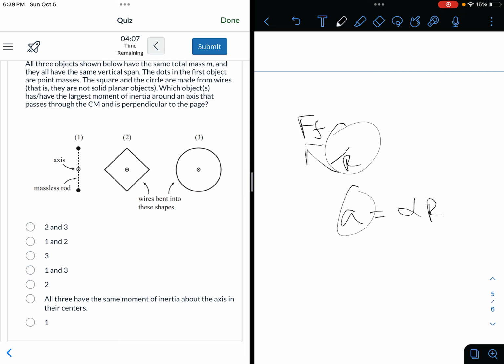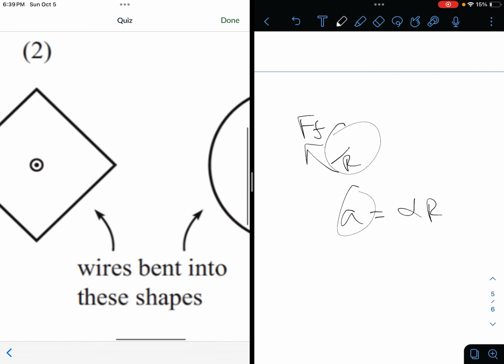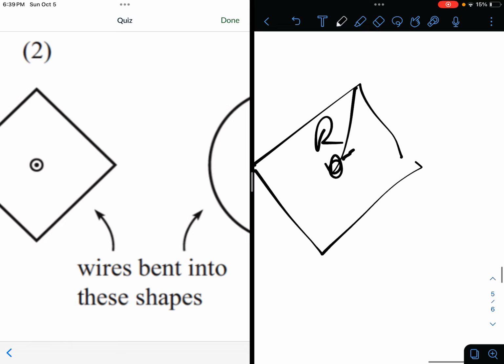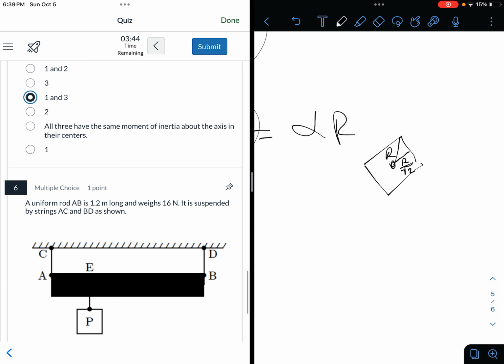But I think in the case of a square, if these are the same two distances, then some of this mass is getting closer. If this is a distance r, this would be r over root 2 right there. Or I guess I should probably draw it here. If this is r, being the radius of the circle, which is also half the diagonal length, this would be r over root 2 if you do some geometry. So I think 1 and 3 are going to be our winner here.